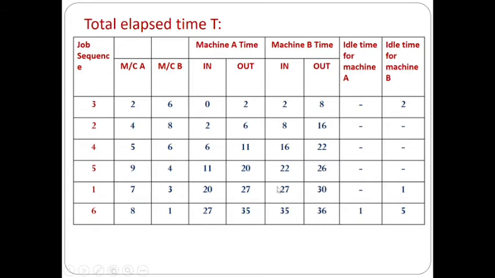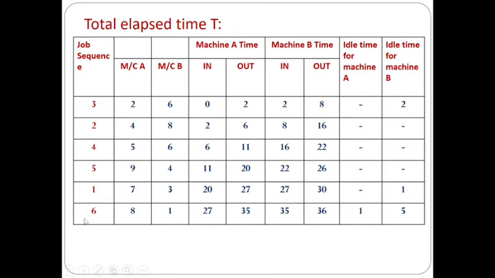So the time in for machine B for job 1 will be 27. That is, we have to consider these two values, 27 and 26, and whichever is maximum we have to choose, right? So 27 will be the time in for job 1 in machine B, and the time out will be 27 plus 3, which is 30, right?